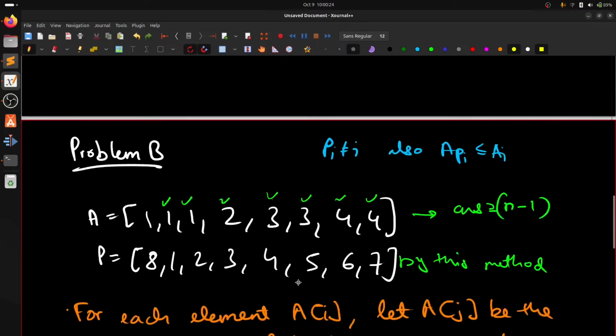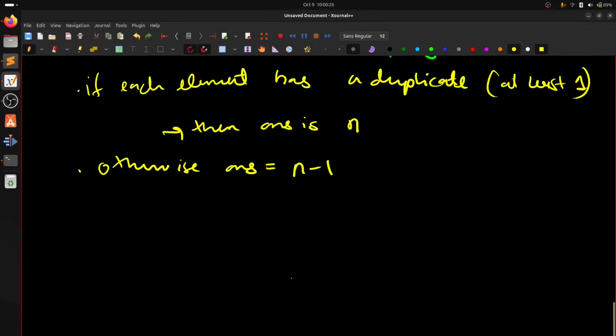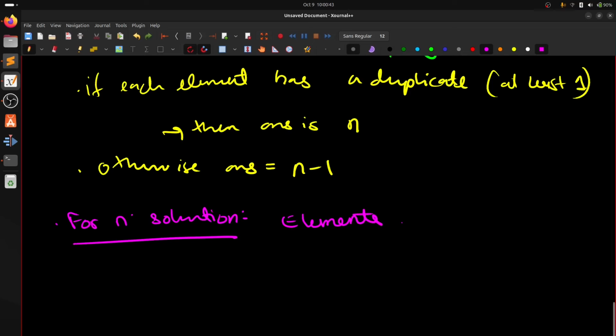And for n minus 1, we can use the above construction. And for n, what we can do is we can just use the cyclic shift on elements which are equal, right? So we just need to find, for the n solution, elements which are equal, and we can do a cyclic shift.